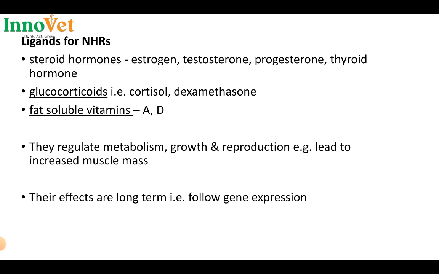Another one, we have the glucocorticoids, that is cortisol and dexamethasone. Then fat-soluble vitamins such as A and D. These are the ligands for these nuclear hormone receptors. They are hydrophobic, and we have the steroid hormones, glucocorticoids, and fat-soluble vitamins.